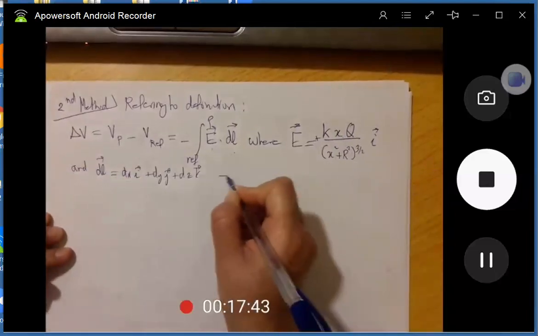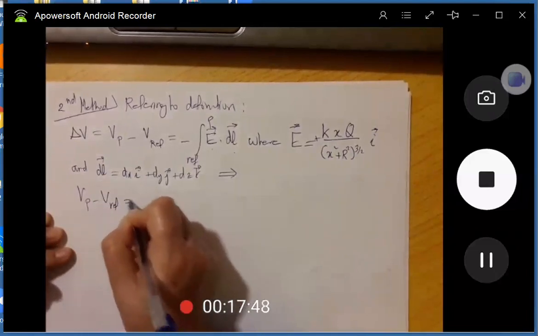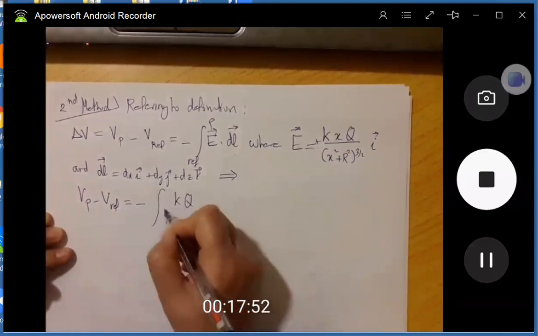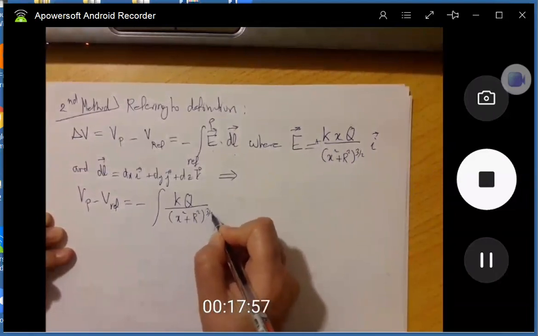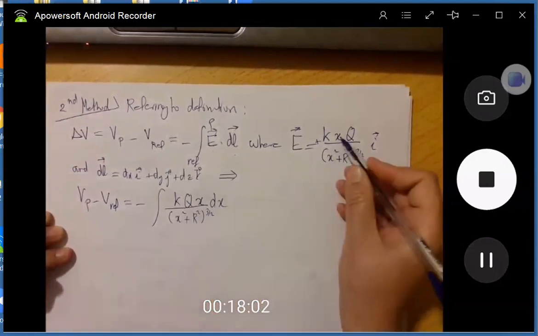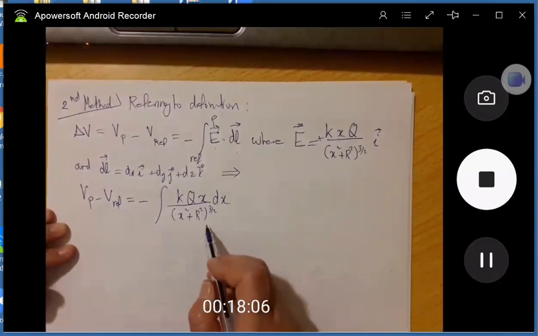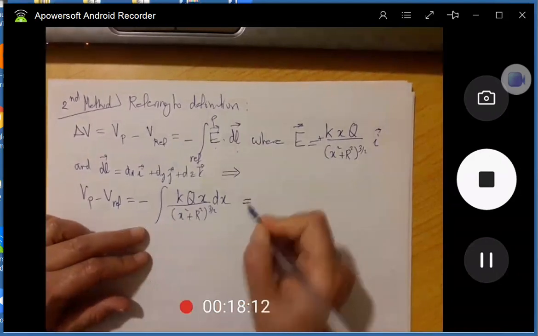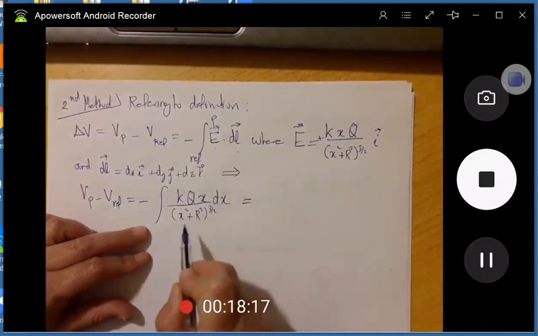So V of P minus V reference is minus the integral of kQ over x squared plus r squared to the power 3 over 2, and I have x dx from here. I can put the constants outside, since I'm integrating with respect to x, but the x stays inside the integral.